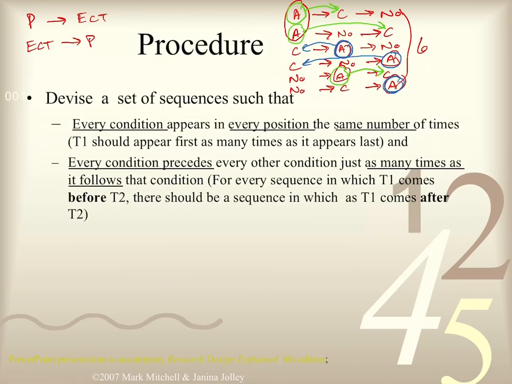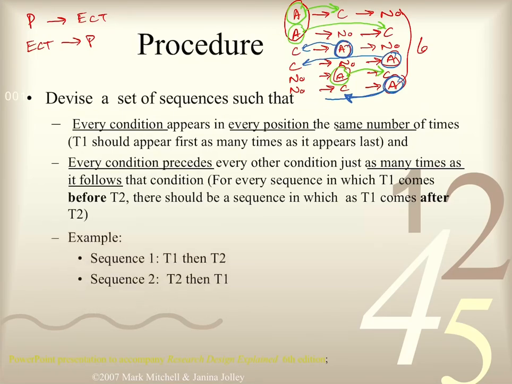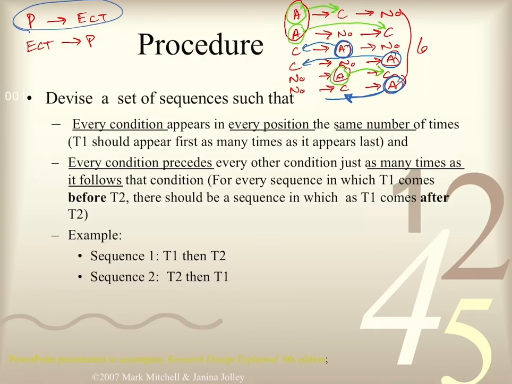Alcohol follows the control, and alcohol follows the control right here. So every condition appears in every position the same number of times, and every condition precedes every other condition just as many times as it follows that condition. So for example, in this first sequence here, we have one condition, then the other, and then one condition, then the other.